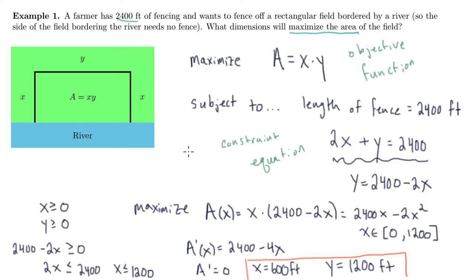It would be silly to put all your fence along the river and say that should be the maximum. Of course not, because that's not going to enclose any area. So the only meaningful critical point we need to test is 600, so we know that will maximize the area. And when x is 600, y is 1200. Those are the dimensions that will maximize the area of the field.